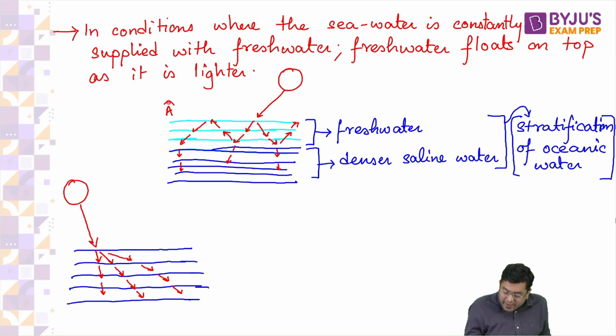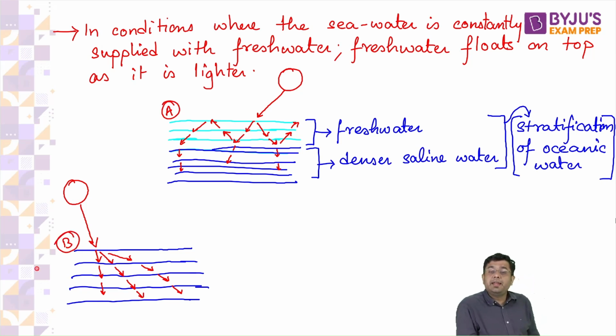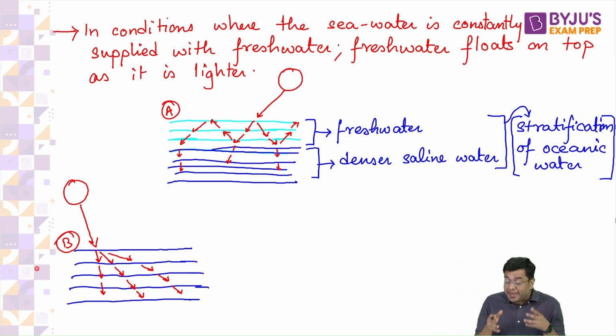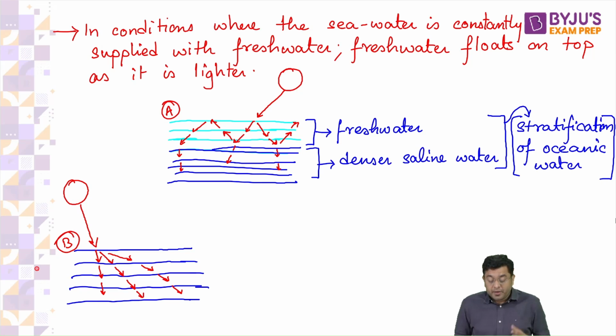So out of A and B, where do you think that surface water will get much heat, much hotter, and that too quickly? Where do you think surface water will get hotter and quickly? Always in the case of A, because in B that heat will be distributed, spread across, whereas in A that heat will be concentrated, right?